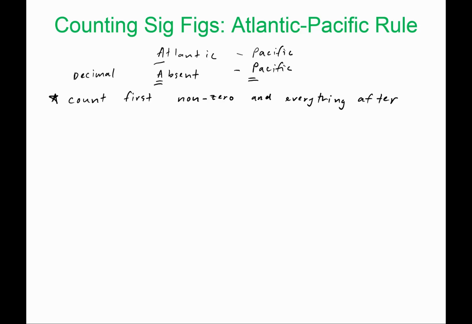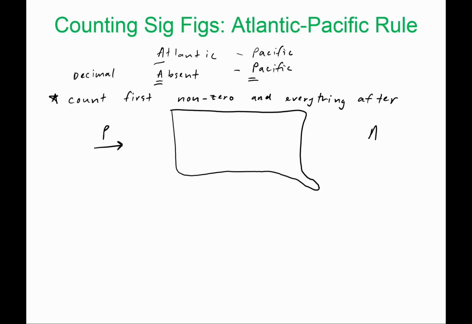Which is better if we look at a couple examples. So here's a bad drawing of the United States. Here's the Pacific side. Here's the Atlantic side. And that is a mnemonic to help you remember which side, the left or right side, to start counting numbers. So let's look at a couple examples.